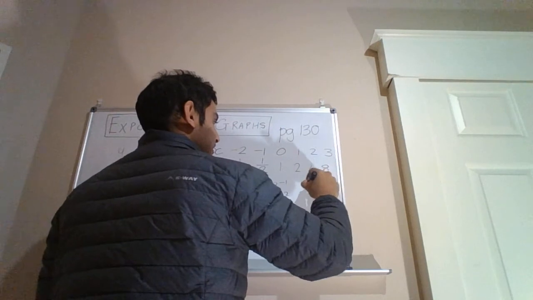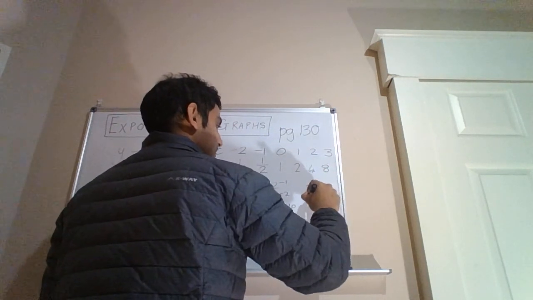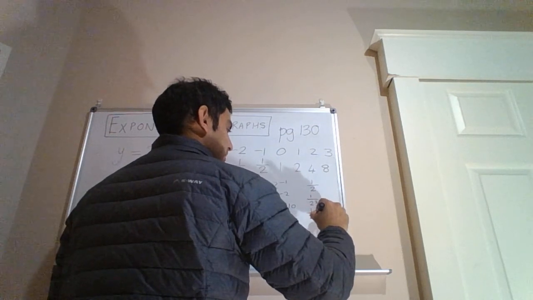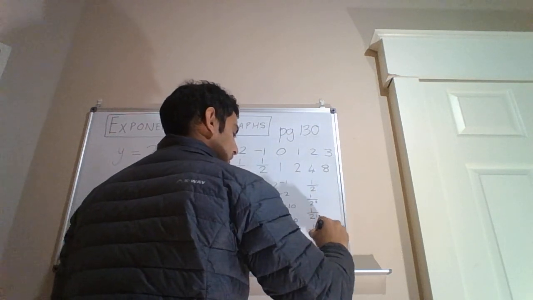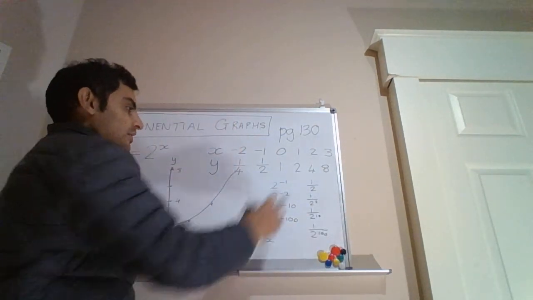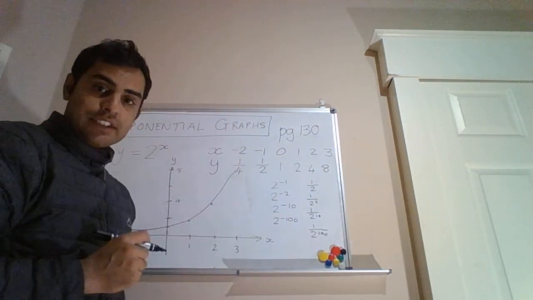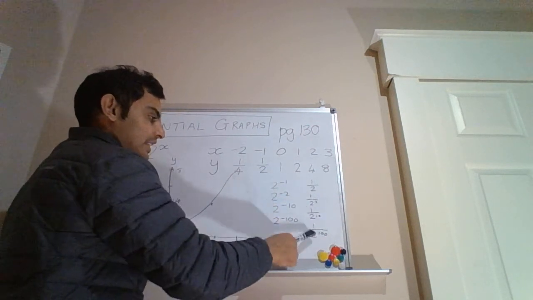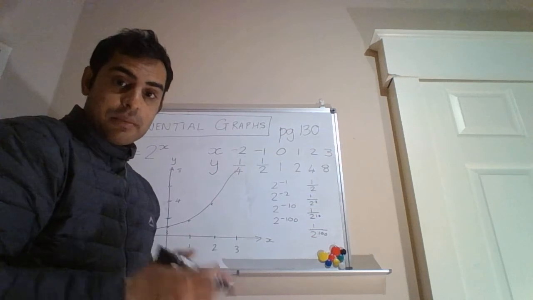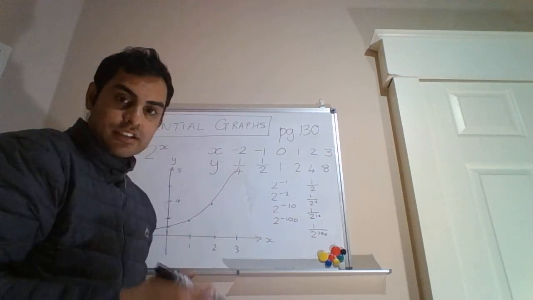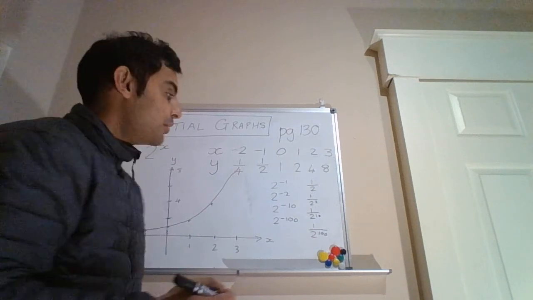So as a fraction, this would be a half. This would be 1 over 2 squared, 1 over 2 to the power of 10, 1 over 2 to the power of 100. So we have fractions in each of these cases, and our denominator is getting greater and greater. When the denominator of a fraction gets greater, we're dividing by something which is bigger, so the overall fraction gets smaller.